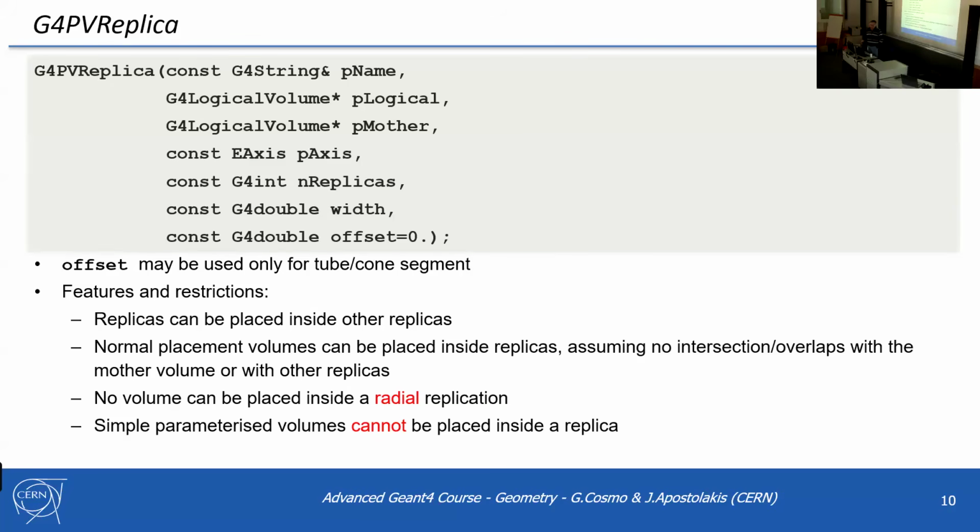Then you must specify the axis of replication, the number of replicas, the width of the replica, and optionally an offset, which is a distance from the mother replica. And the offset can only be used for tube and cone segments, and we will see later why.